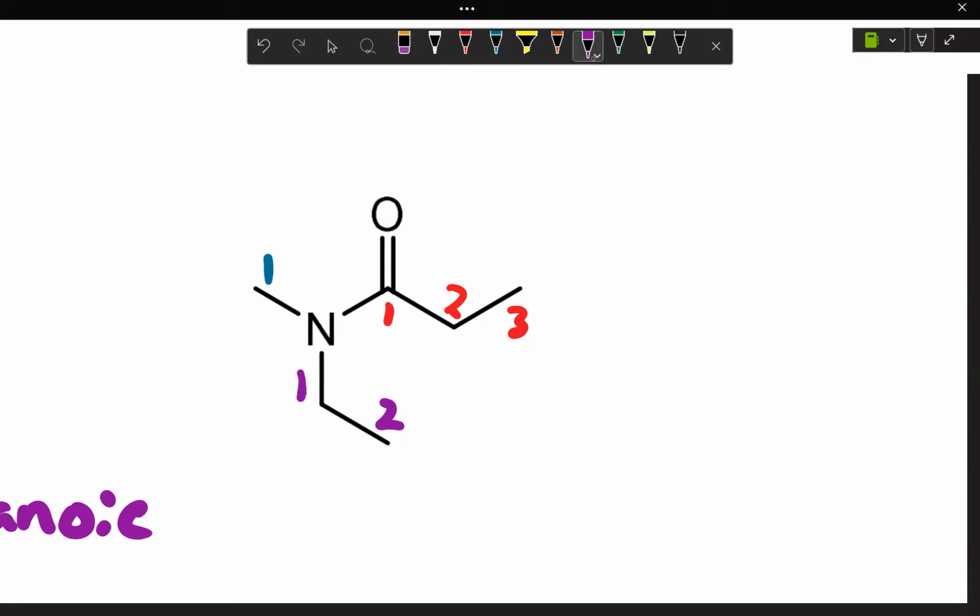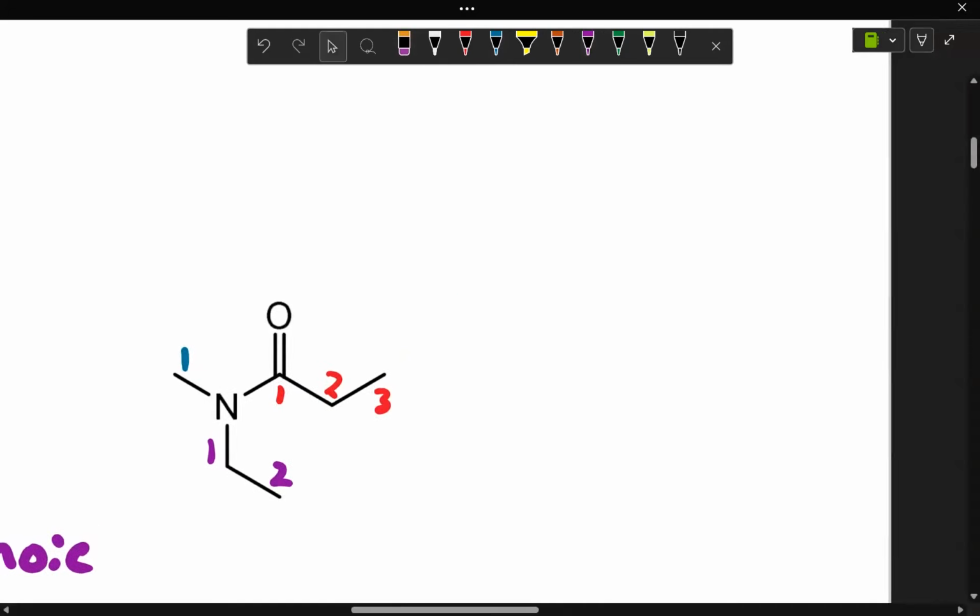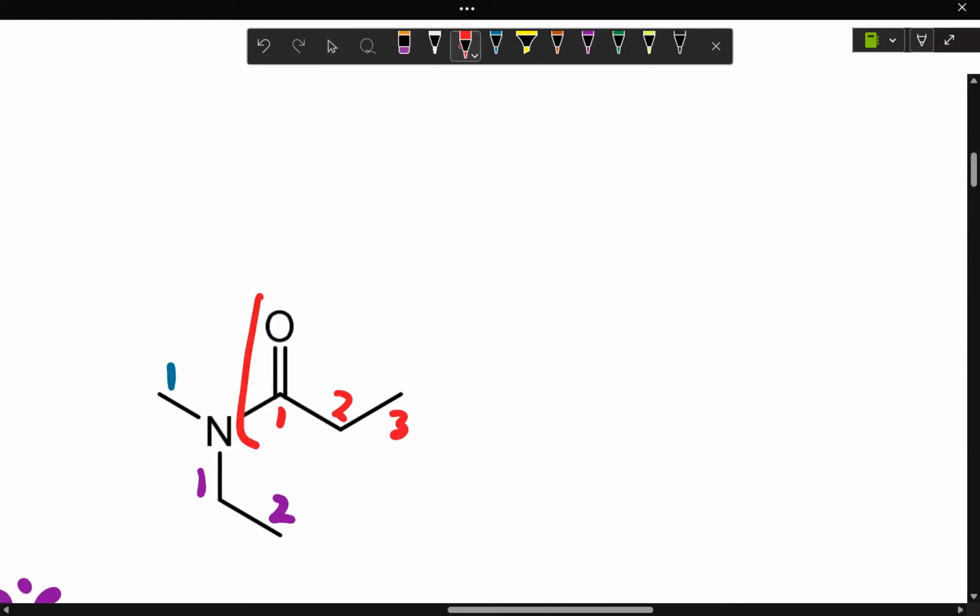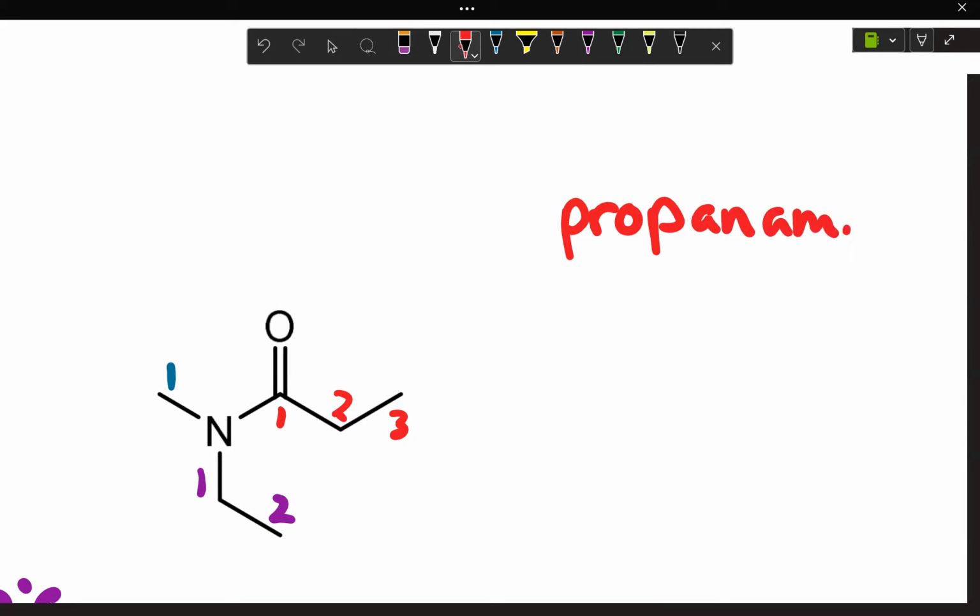So here we have 2 and here we have 1, but we'll get back to that. I'm jumping a little ahead. Let's first name this carbon chain. So 3 is prop. No alkenes or alkynes, so propan. And then the way you end in amide is really easy. Just amide. And that's it for that side.